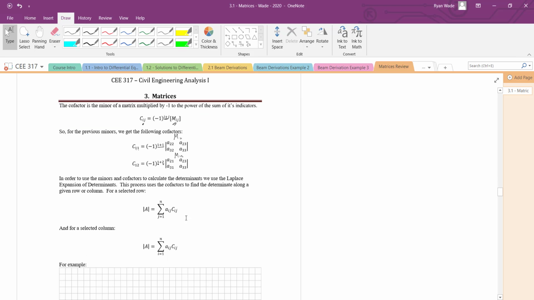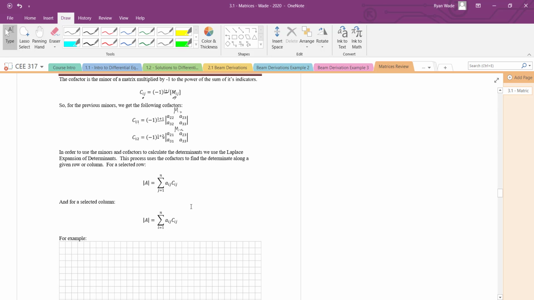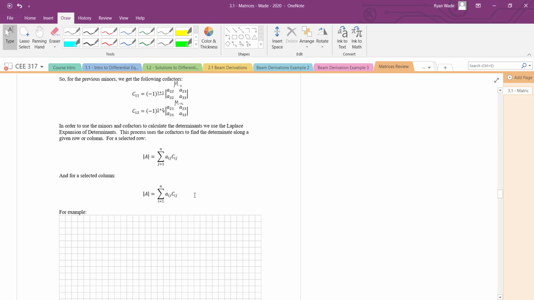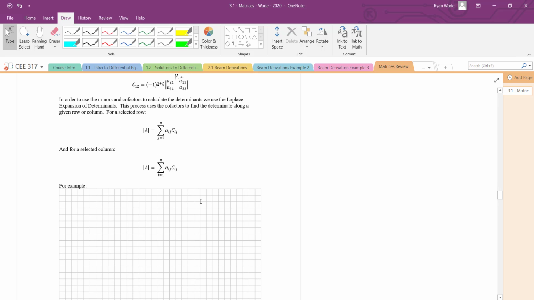What we can do with the cofactor is use it to calculate our determinant. We can calculate the determinant for a certain row and for a certain column, and then we can use that to calculate the determinant or the inverse for a matrix. So in this case, the determinant of A is going to be equal to the determinant of 1, 2, negative 4, 3, 1, negative 2, 4, 2, 3.